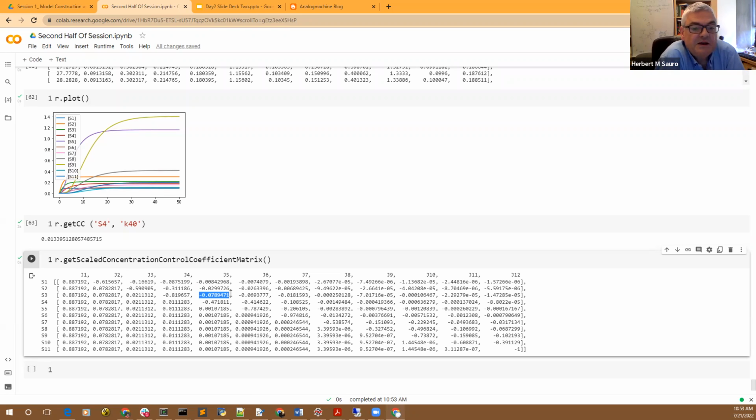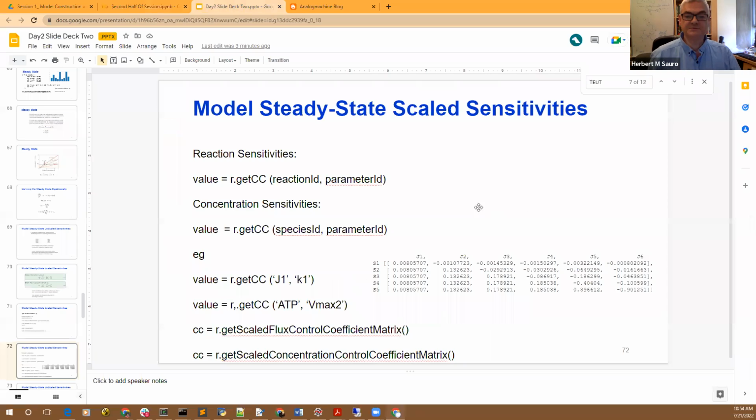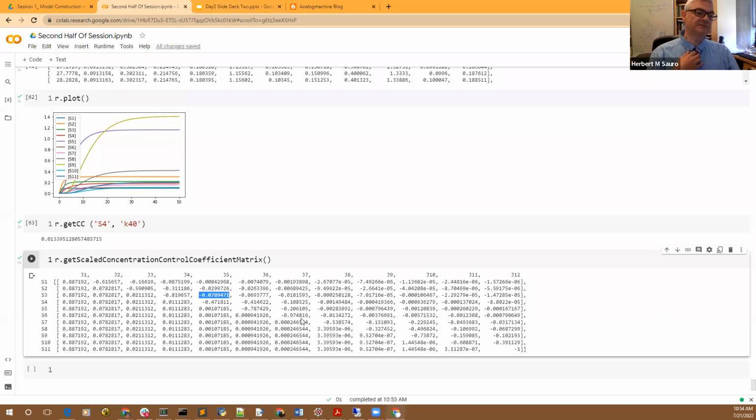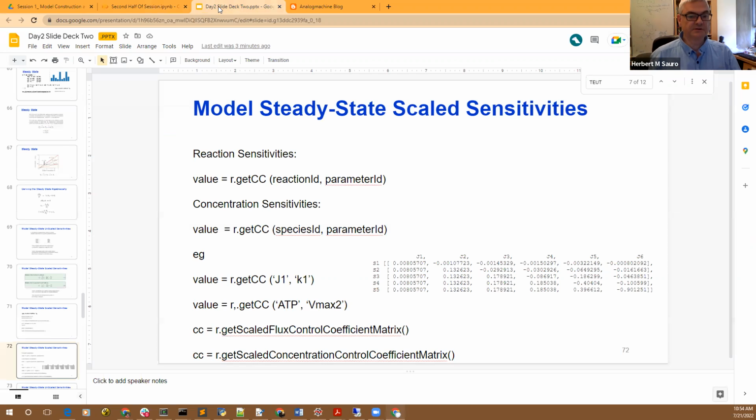If I were to increase J5 by 1%, I get a 0.078% decrease in S3. So this is the entire sensitivity matrix for this pathway. You can get the concentration ones or the flux ones. I got the concentration ones because they're usually more interesting.